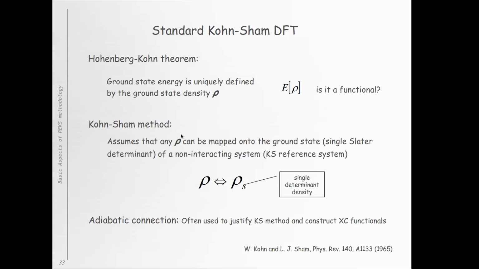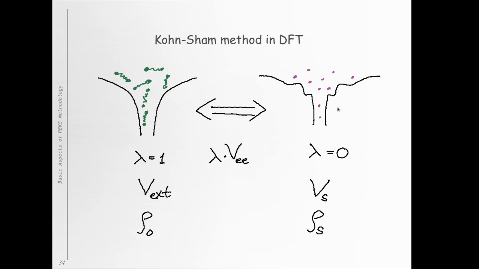This is a little bit tricky statement, which I can illustrate by this simple cartoon. Imagine that we can scale down the electron-electron interaction in the Hamiltonian, this 1 over R12 term here, by some coefficient lambda.